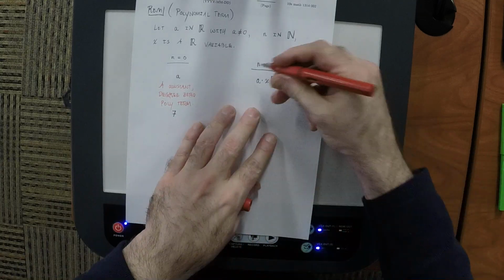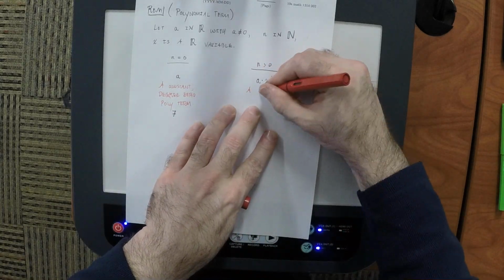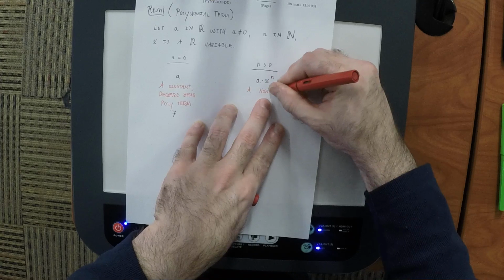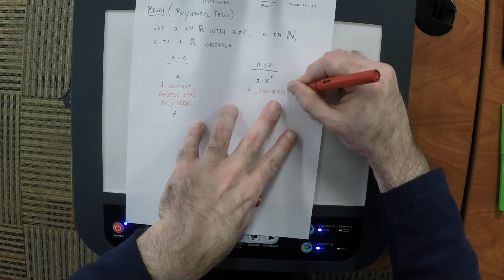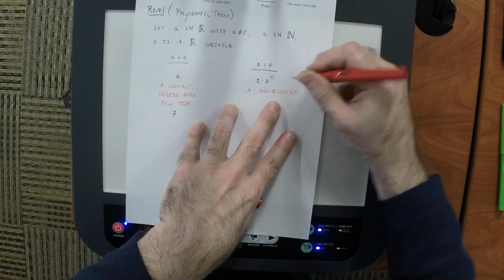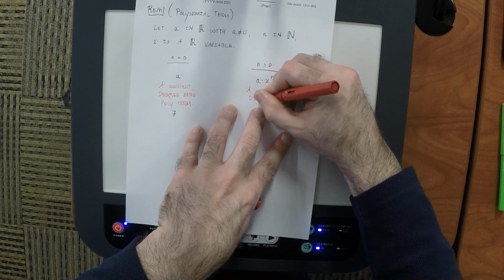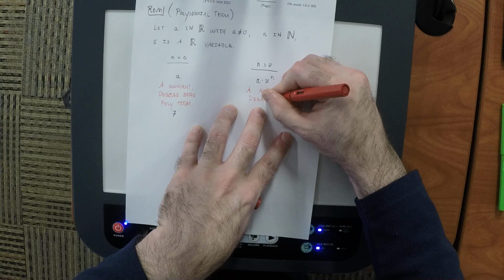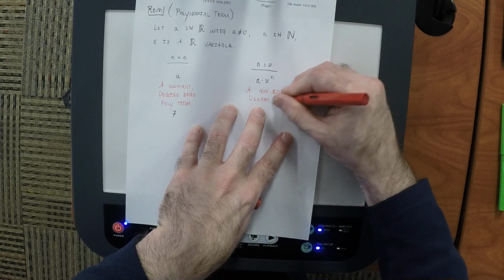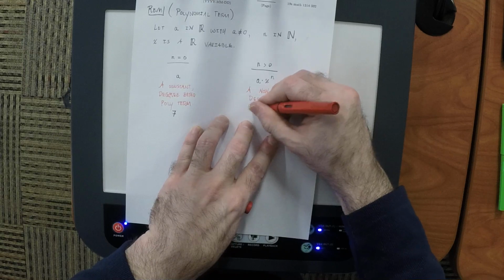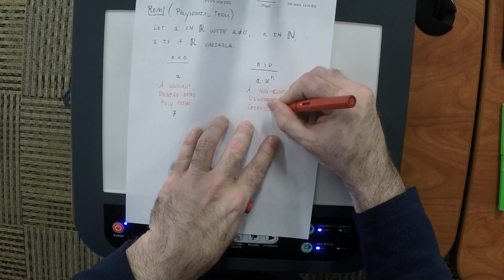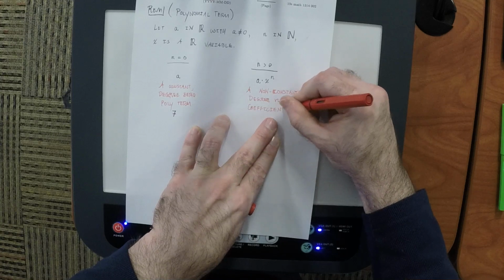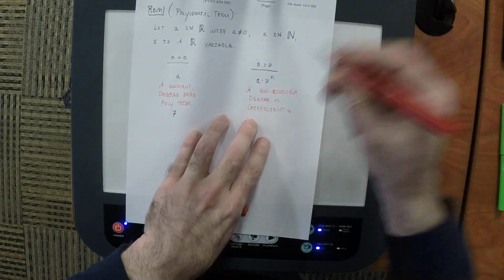So in this case, it's called a non-constant, degree n, coefficient A, polynomial term.